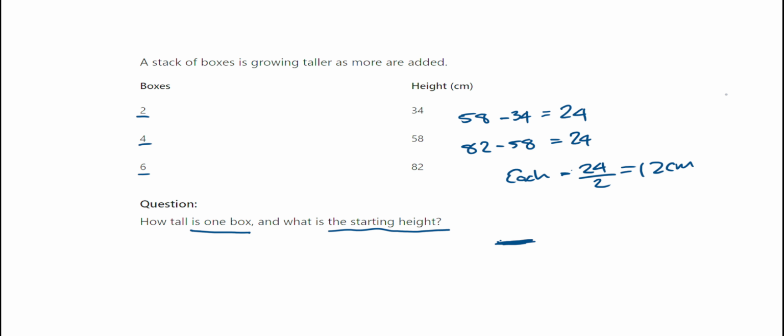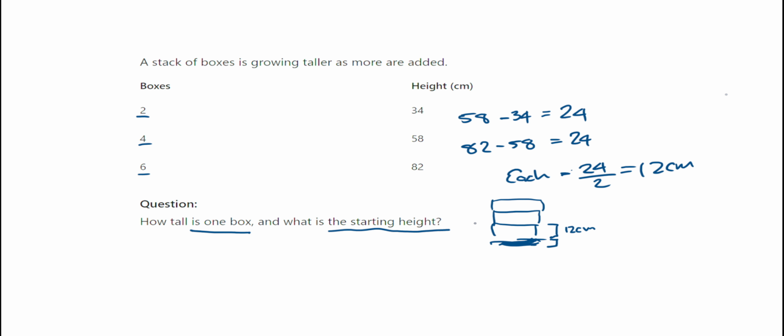So there must be a piece of wood or something that they're on, and then the boxes are getting stacked like that. So we know that these are 12 centimetres, and now we have to work out how big this block of wood is. It always helps, if you're not sure, to conceptualise it in your head.